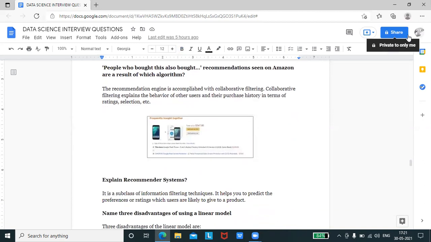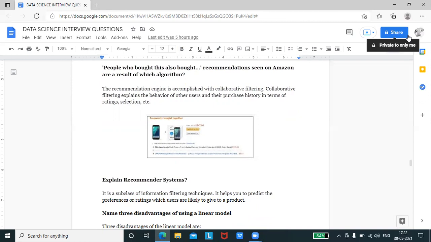Then what are recommender systems? So a recommender system is a subclass of information filtering techniques. It helps us to predict the preferences or ratings which users are likely to give to a product.